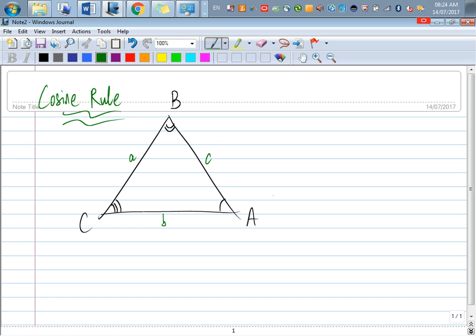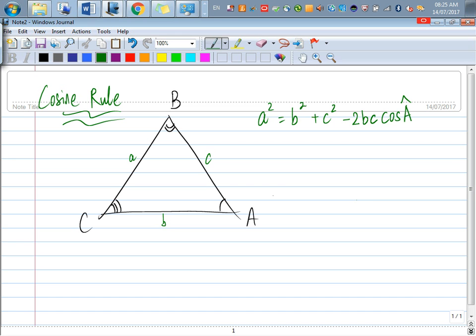Okay? So now, I'm going to state the cosine rule first. Cosine rule states that a square, okay, small a, so the length, equals b square, another length, plus c square, minus 2 times b times c times cosine A. Okay?